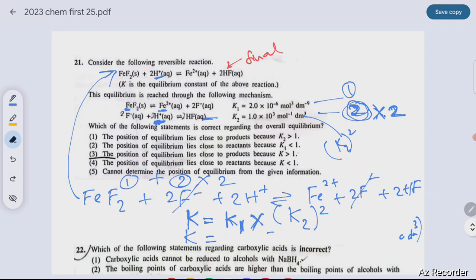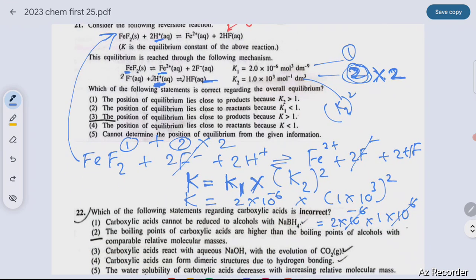So let's write it again. K1 is 2 × 10^-6 times K2, which is 1 × 10^3, squared. Now here you are getting 2 × 10^-6 times 1 × 10^6. Plus 6 and minus 6 cancel. So the answer is 2. So K equals 2. Therefore K is greater than 1.